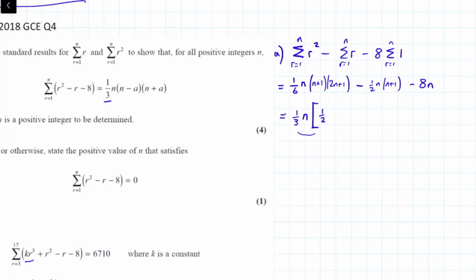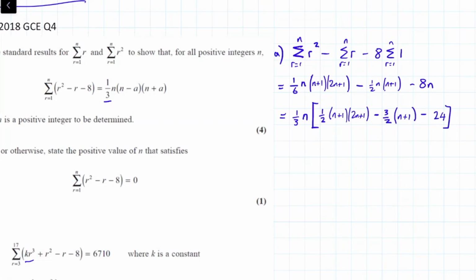And if you're not sure about that, just check what happens when you multiply back in. You actually do get your 1/6. So it's going to be 1/2 (n plus 1)(2n plus 1). We forced out a third when there was a half there, so that will be again multiplied by 3, so it needs to be 3/2. The n has gone out to the front, so we've got (n plus 1). And in the last term, we're forcing out a third, so that's going to become 24, and the n has gone to the front.